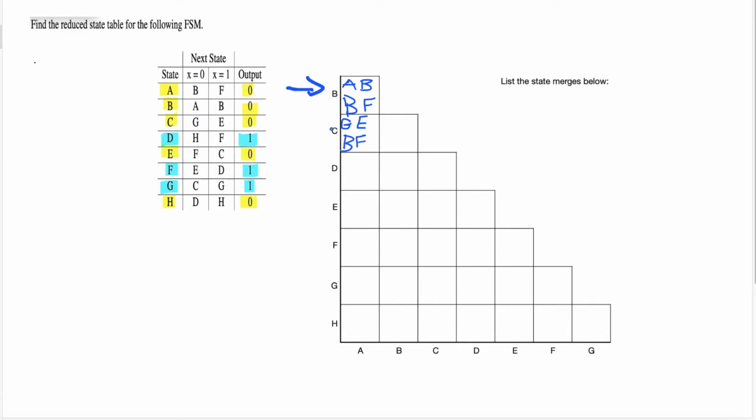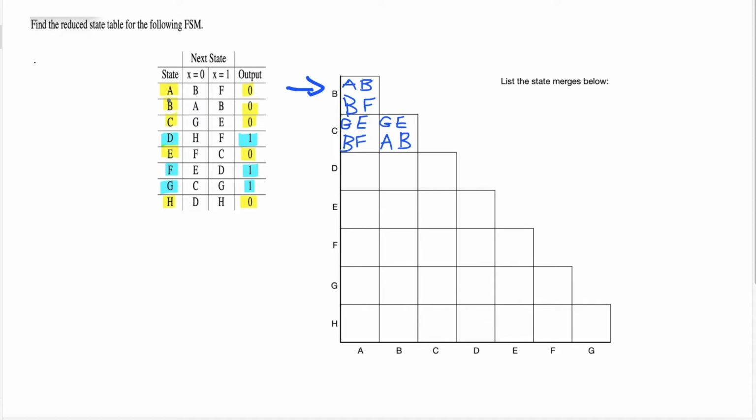We're still at A. Now if we go with C and B, we see that C and B are also the same because they're highlighted the same yellow color. So we're going to do the same thing. For C at the top, we're going to write GE, and at the bottom, we're going to write AB to represent the B side now. So B is AB on the horizontal. You guys kind of get the drift of where I'm going here. So we're going to go ahead and fill out the rest of this chart. I'm going to speed it up a little bit.